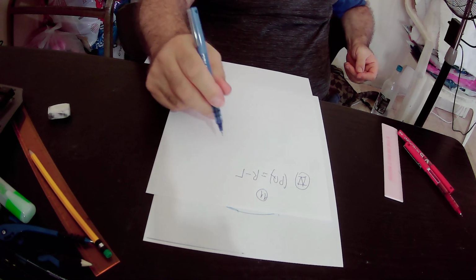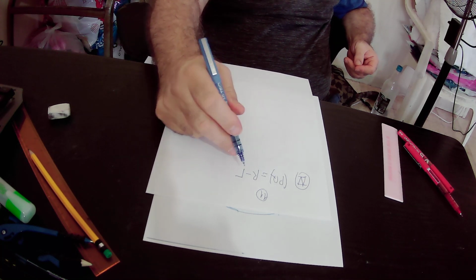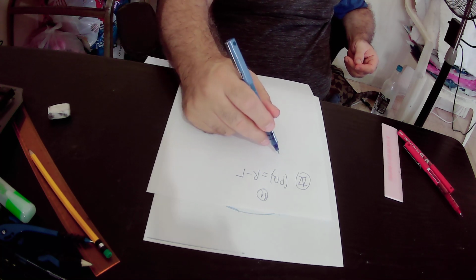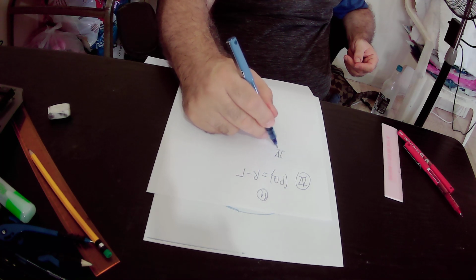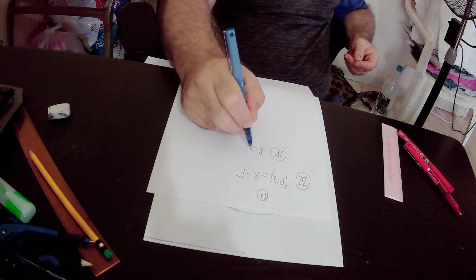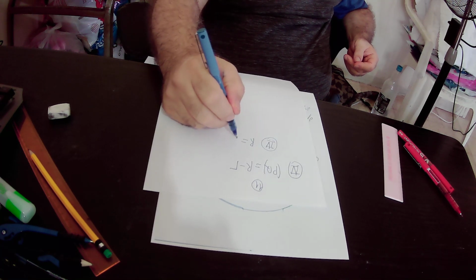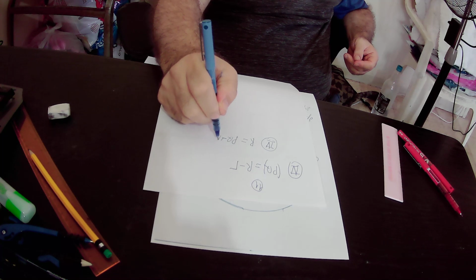So here we can add small r to this equation, to equation number 4, and we will get that capital R, the radius of the big circle, equals PQ plus r.